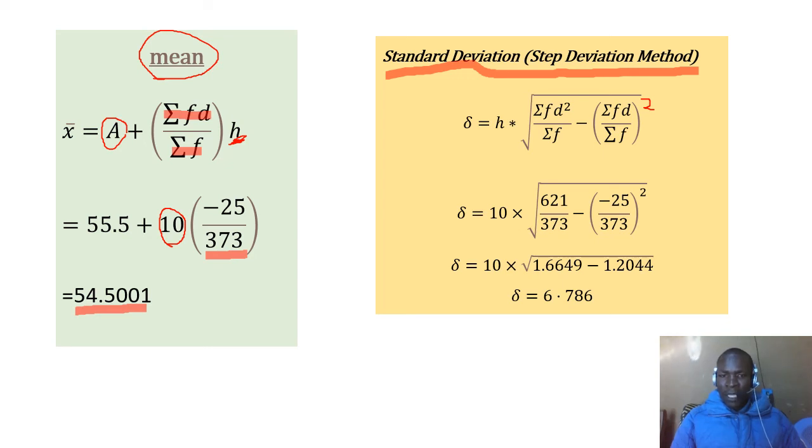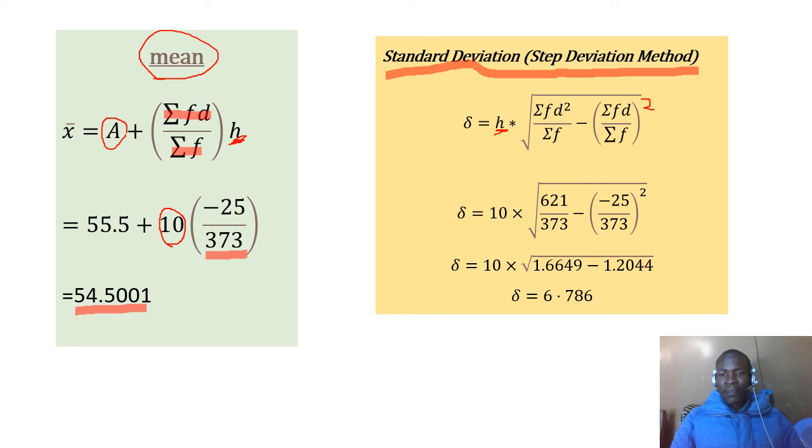Now we said h is the class width, which in our case is 10. Then all that you multiply by the square root of. In our previous working on the frequency distribution table, we found that summation of fd squared is 621, and summation of f is 373.